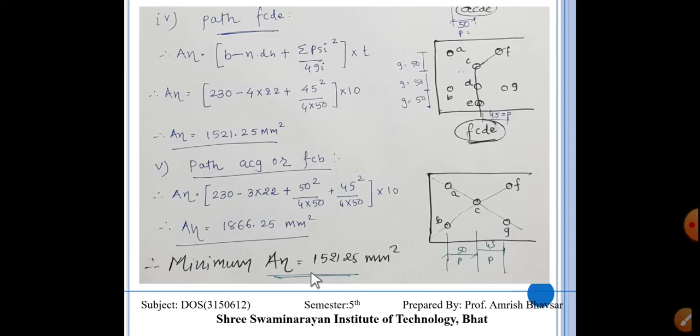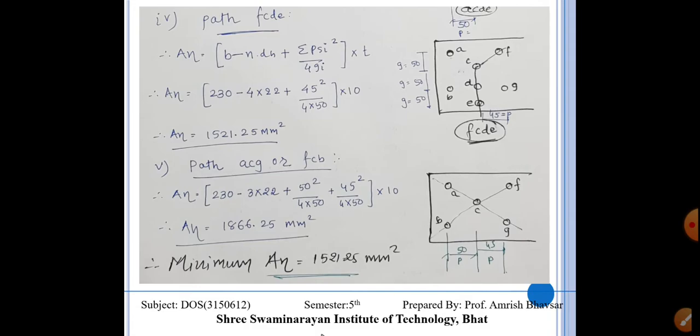Clear, everybody? So whenever this kind of situation occurs, we are considering the different paths as failure paths, and from that we are considering the pitch distance and gauge distance and putting them in the equation that is given in IS 800.